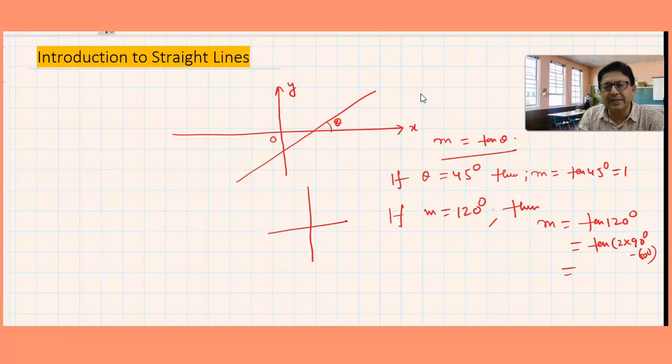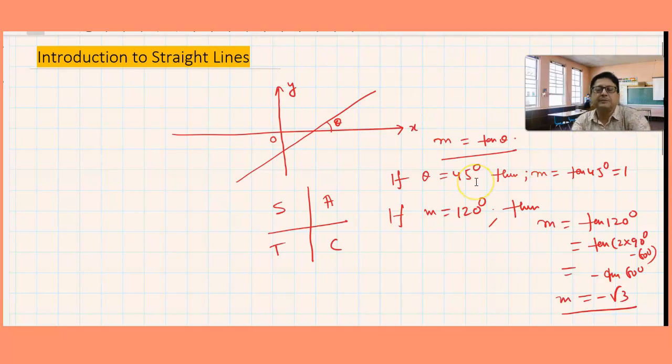In the second quadrant tan is negative. By using this concept, all sine tan cos, add sugar to coffee. So it will be minus tan 60 only, and this is minus root 3. Slope of the line is equal to minus root 3.